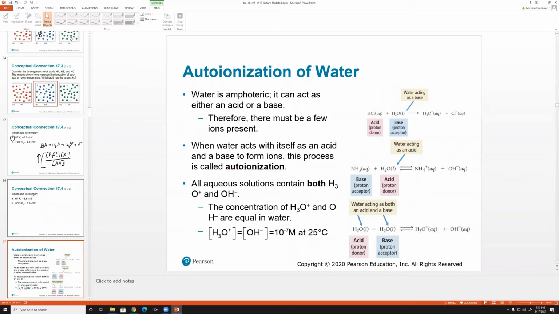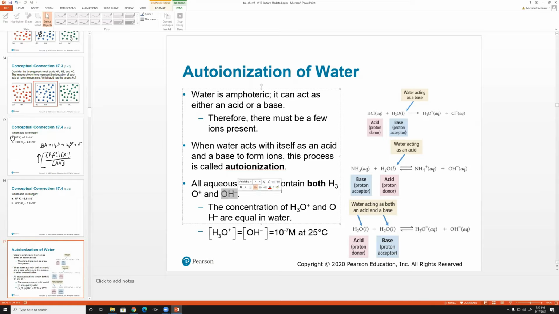So then we have autoionization. What this means is that to figure out the pH or the acid-base balance in a solution, really every aqueous solution, that's water-based, has a combination of H3O+ and OH minus.